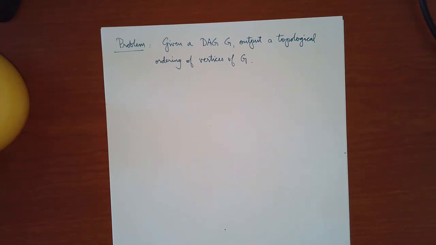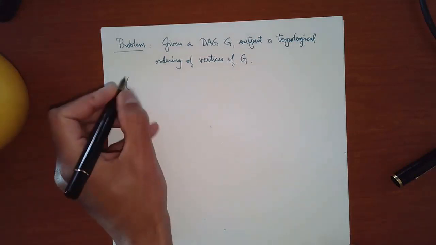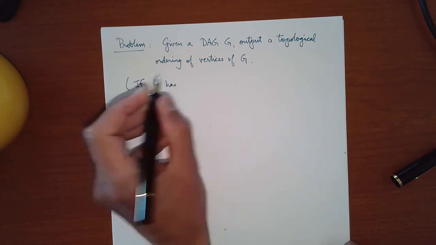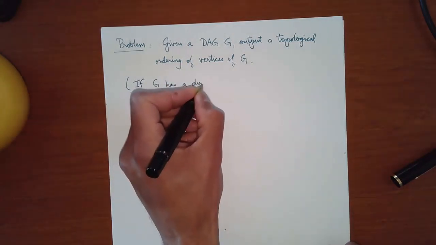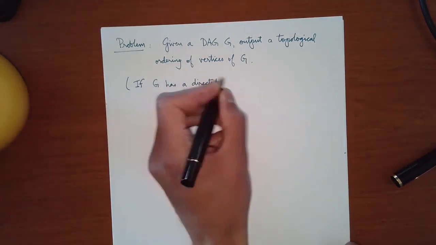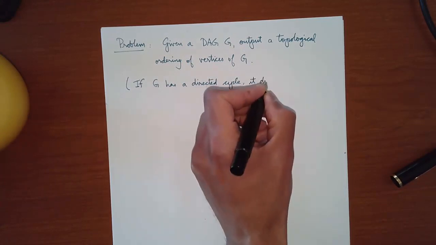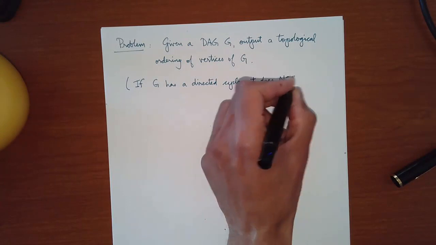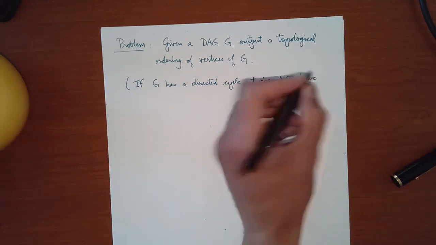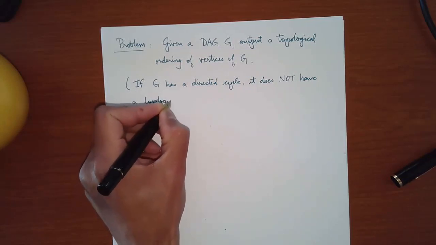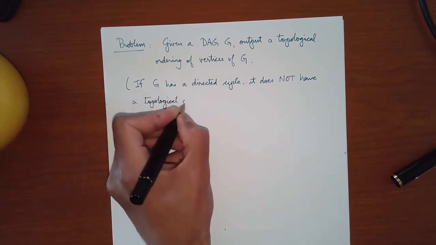I just want to emphasize that if G has a directed cycle, it does not have a topological ordering.